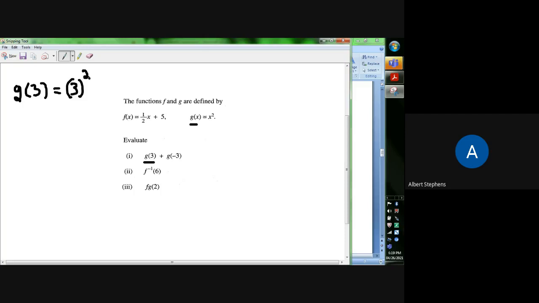What is 3 squared? 9. Then it says to work out what? g(-3). And g(-3) is going to be the same g function here. It's going to be negative 3 squared. What is negative 3 squared, class? It's still 9. So this is actually 9 plus 9, which is 18. That's the answer.